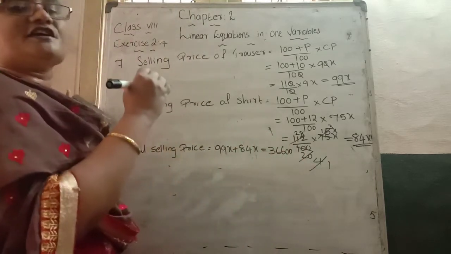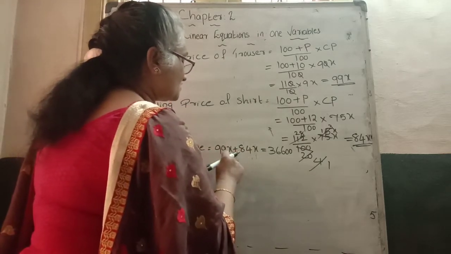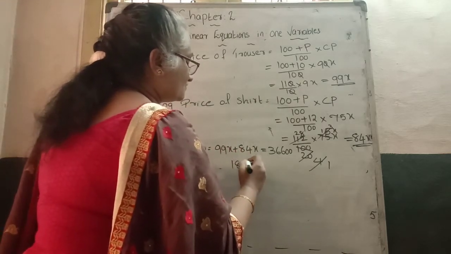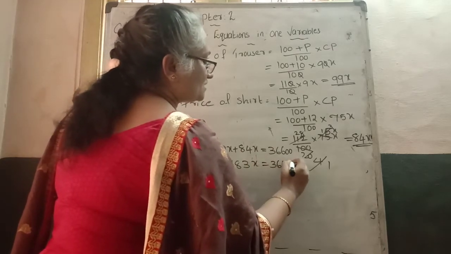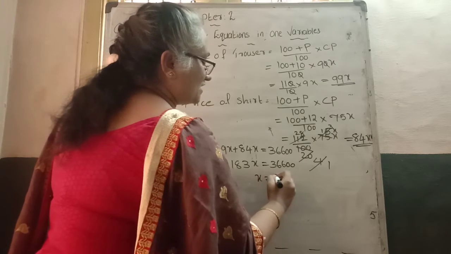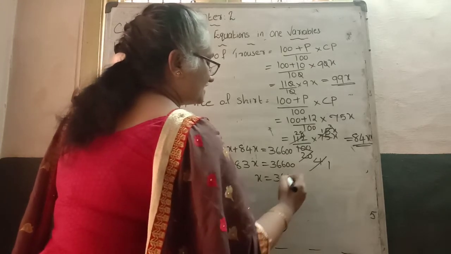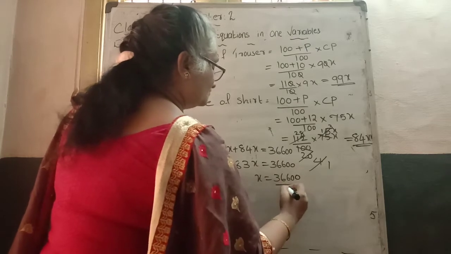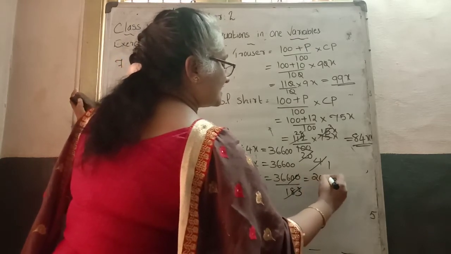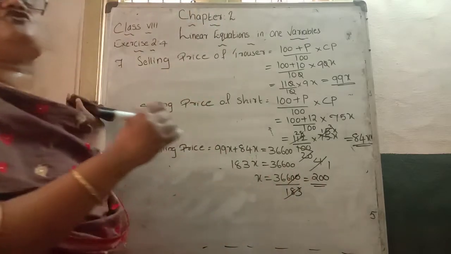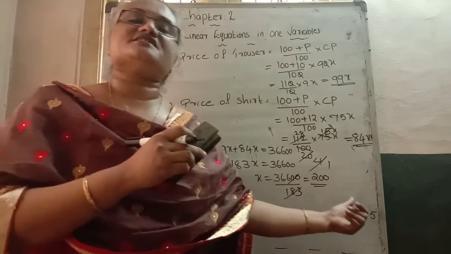So 99 plus 84 comes to 183. 183x is equal to 36,600. So we want to find the x value. Divide by 183 and cancel 183, and we get 200. So we get the exact x value as 200.